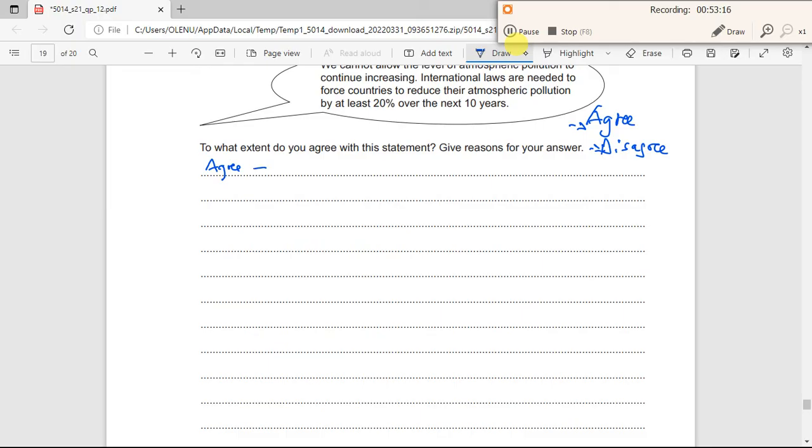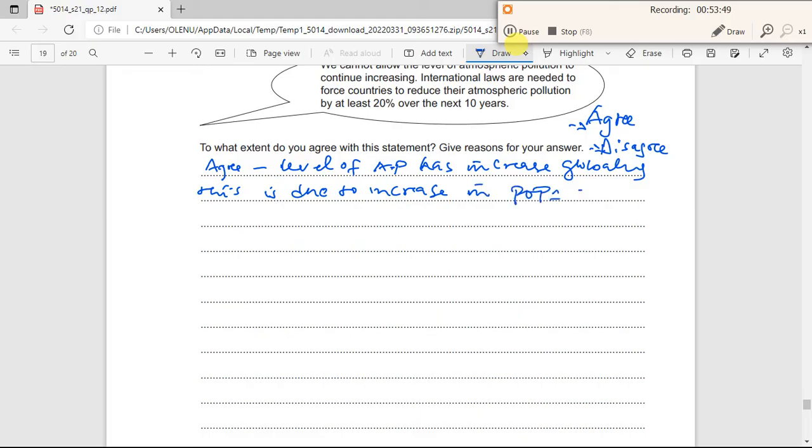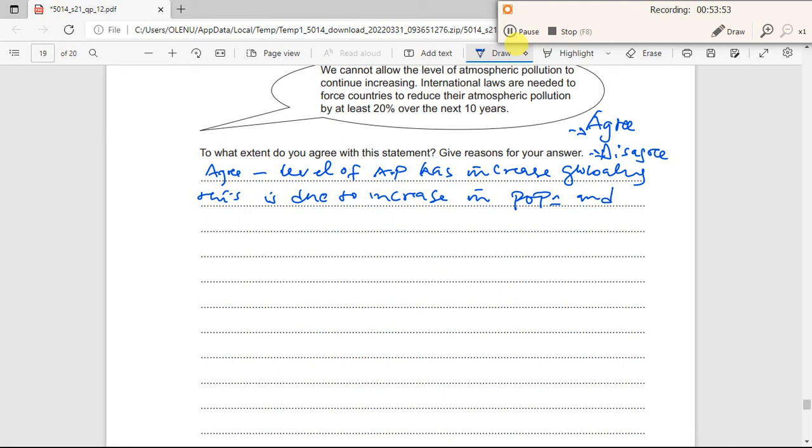Now, if you want to look at the agree content here, if I agree with this, that can be as a result of you find out that the level of atmospheric pollution has increased globally, and this is due to increase in population, POP, and industrialization, which has both led to air pollution, water pollution, and the rest.